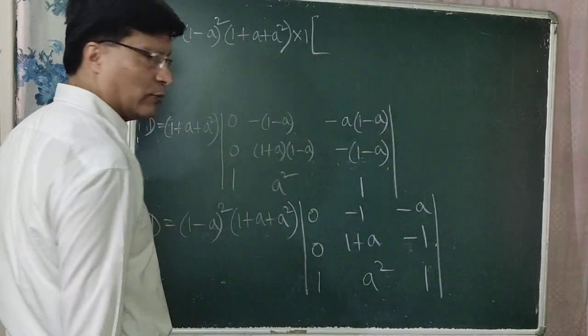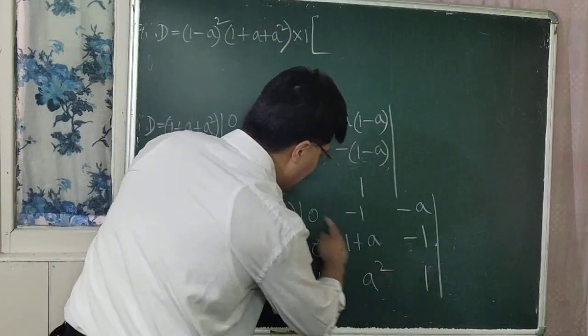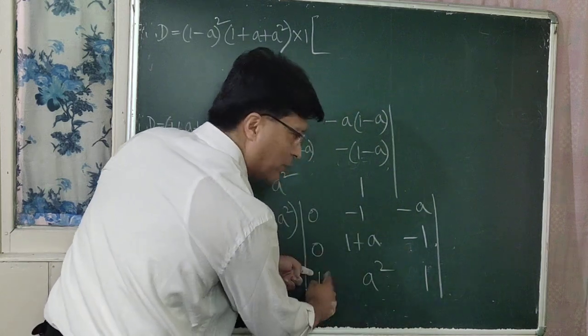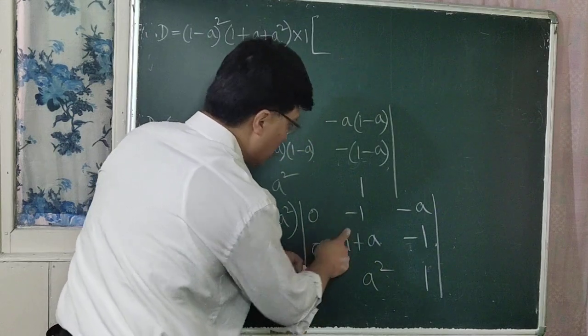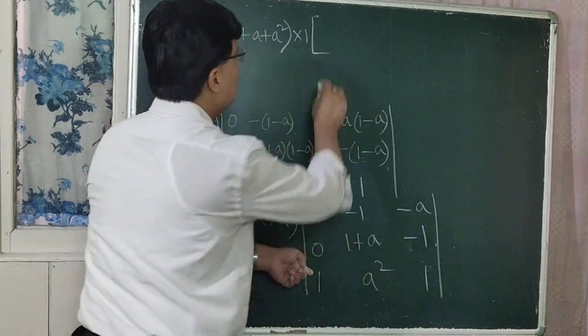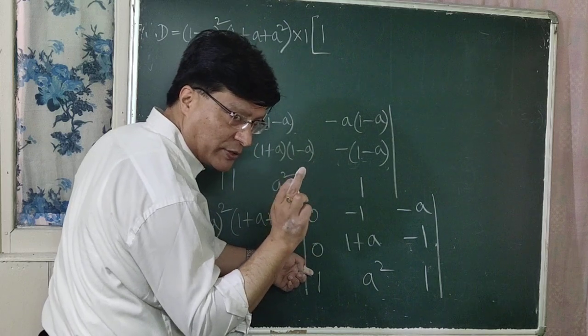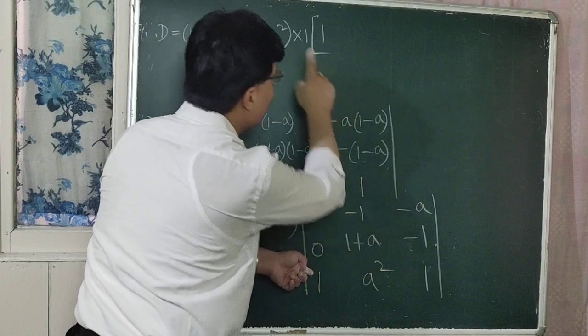So within the third bracket, what do you write? Now you want to delete the row and the column through this element. That means you forget about the third row and the first column. It remains minus 1, minus A, 1 plus A, minus 1. So minus into minus, plus. Write down 1. Then comes minus sign, always. So minus into minus, plus 1 is there.